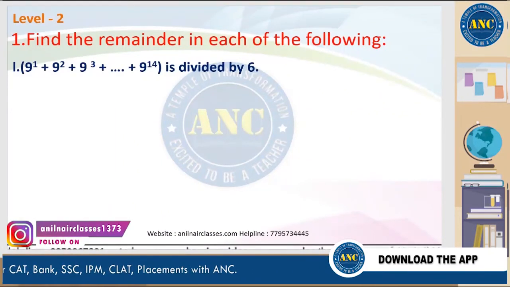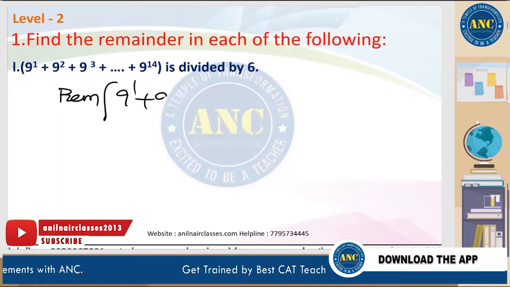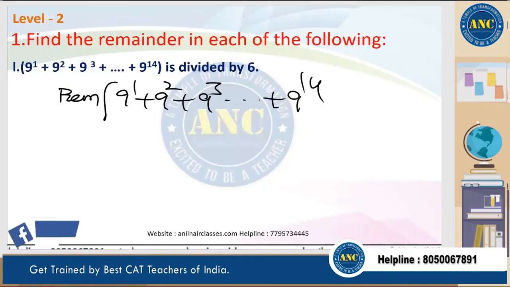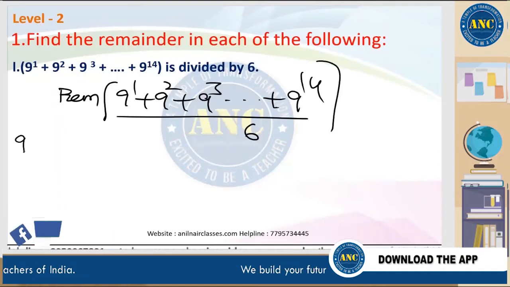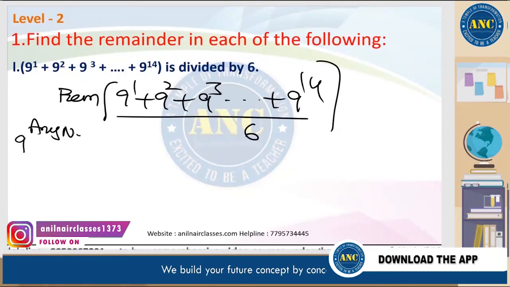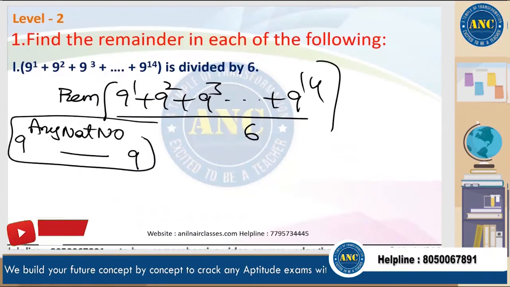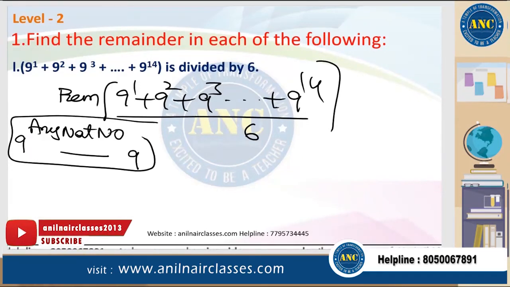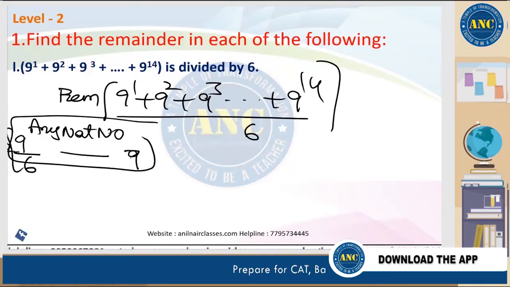Next one. This is an absolute 5 seconds problem. Remainder: 9 power 1, 9 power 2, 9 power 3 and so on up to 9 power 14 divided by 6. 9 power any natural number divided by 6 is 3.